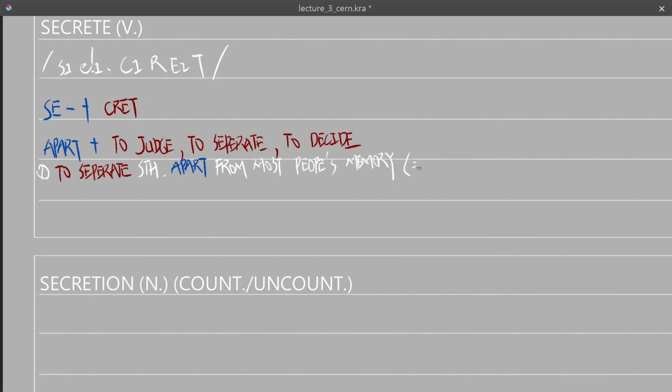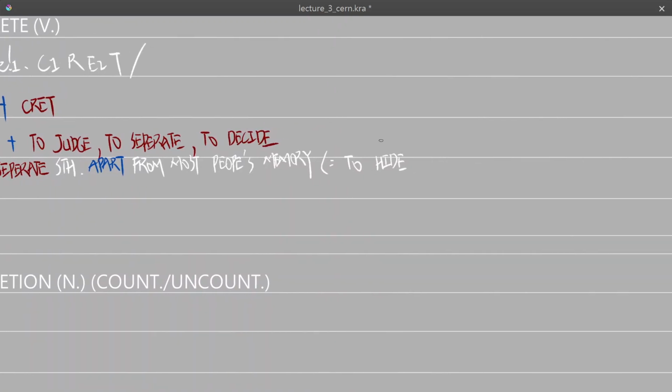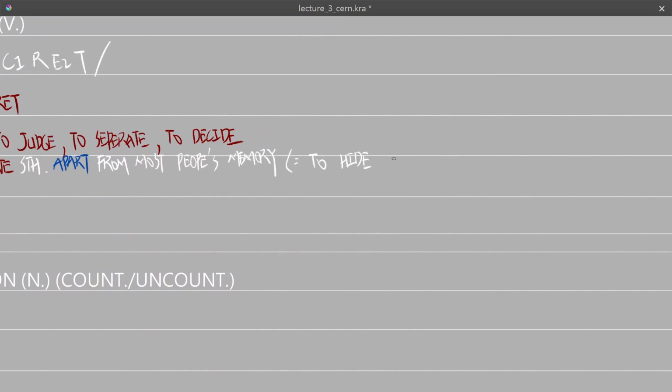So what it actually means is to hide something, so only a few people know.